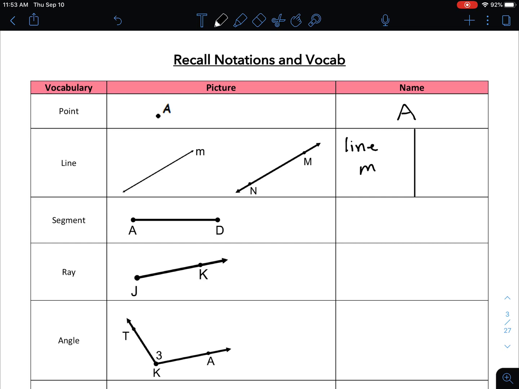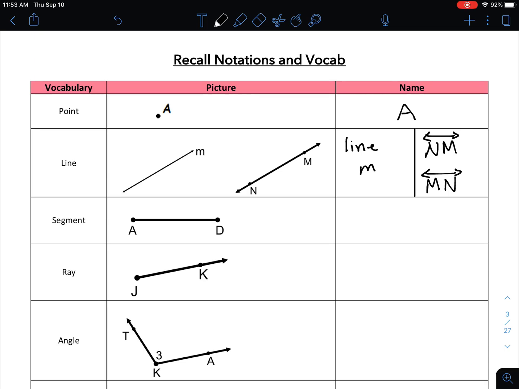In this case, we have the point M and the point N. There are two different ways that we can name this line. One is that we can name this line NM with this symbol over the top, a line with arrows pointing in both directions. We could also switch the order, so the order does not matter. You could also call this line MN, and again have that line with the arrows pointing in both directions over the top.